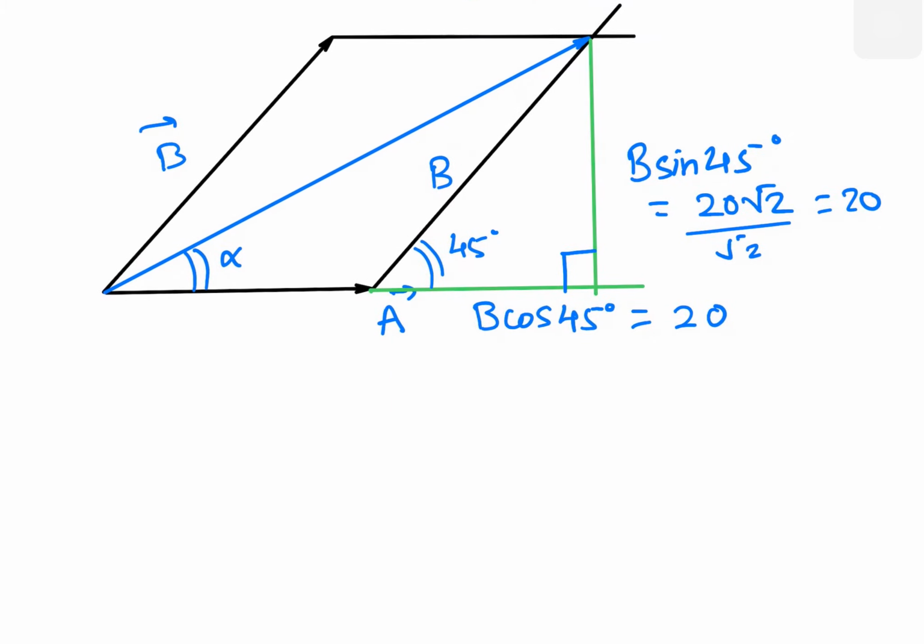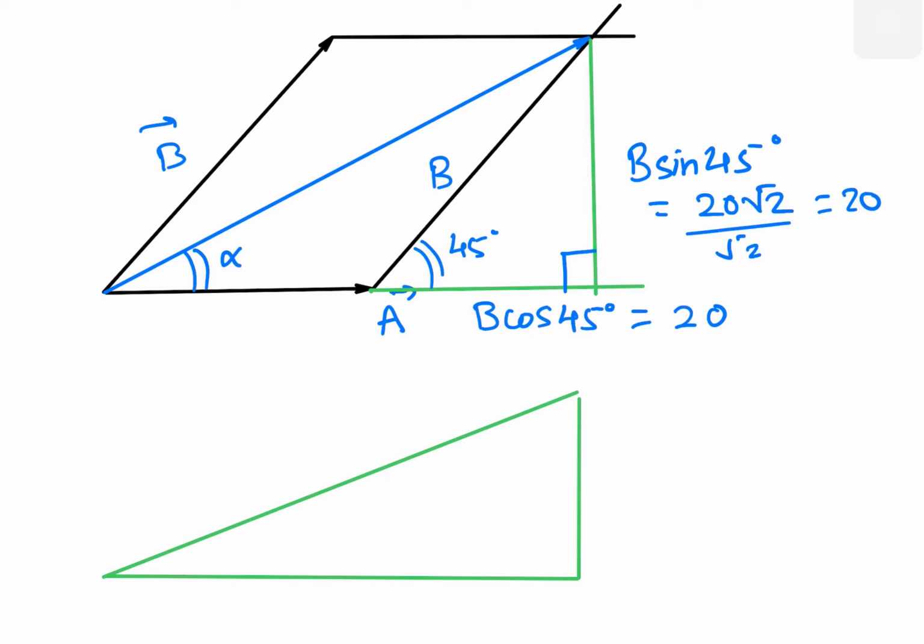Now let's reconstruct this triangle. So this is the total base, this is the height, and this is the vector C. So this angle is alpha, this side is 20, this angle is 90 degrees. The base of the triangle will be A plus B cos 45 degrees.